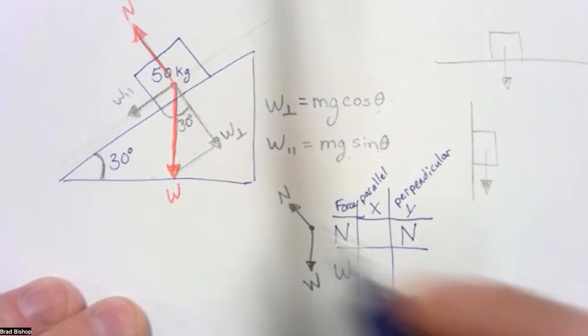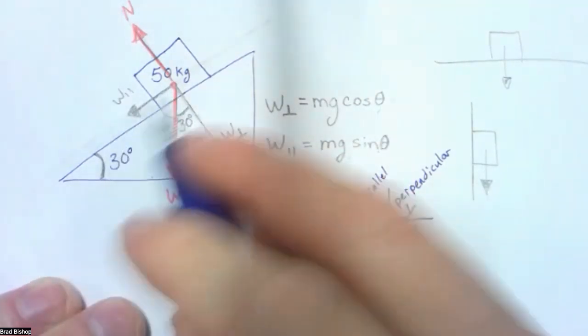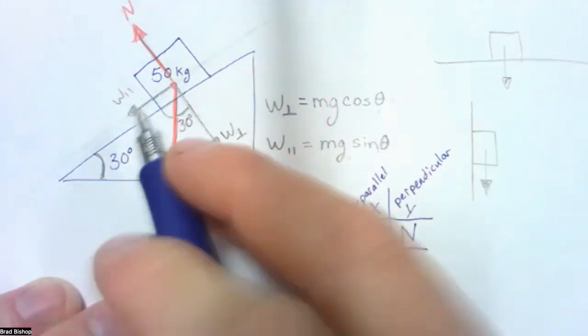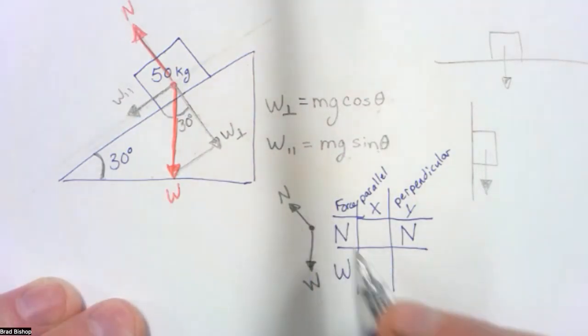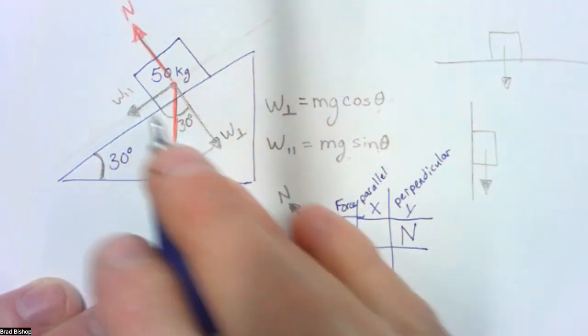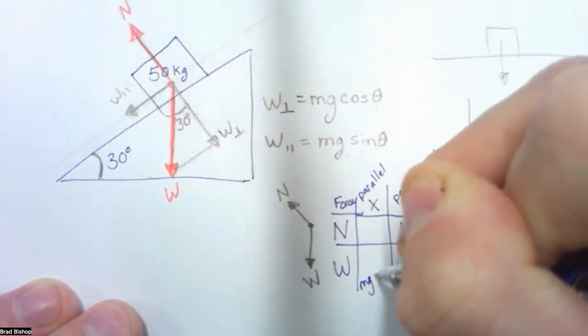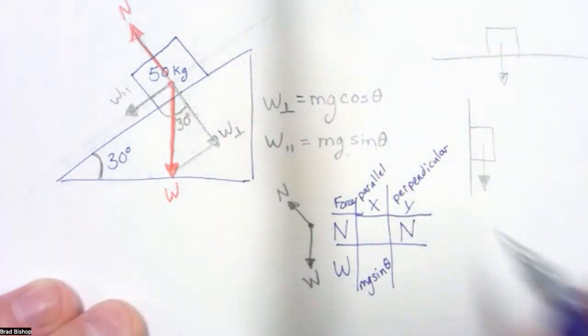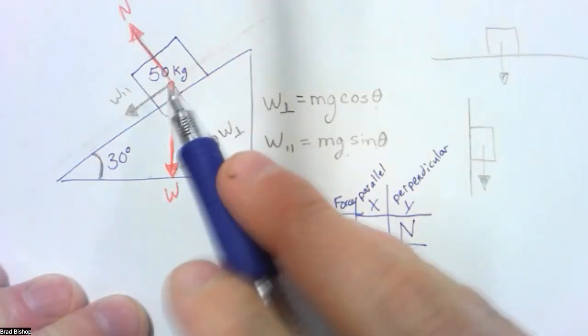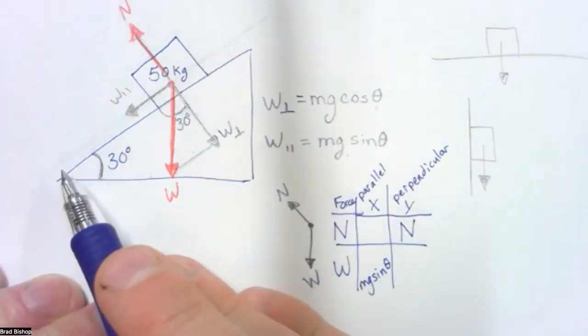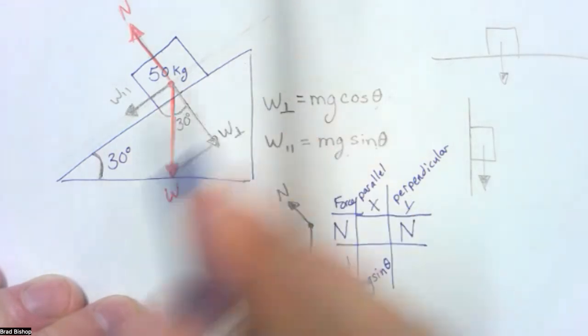And what about the weight? We have weight pulling it down the inclined plane. So down the inclined plane for the x direction is weight parallel. So mg sine theta. And depending on if we want to call up the incline or down the incline positive or negative, it's kind of up to you.